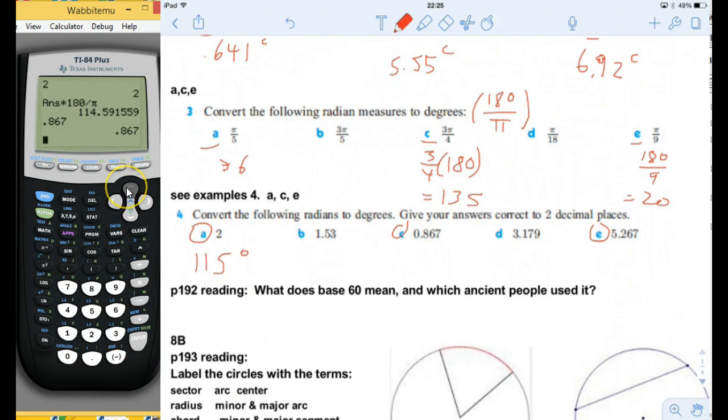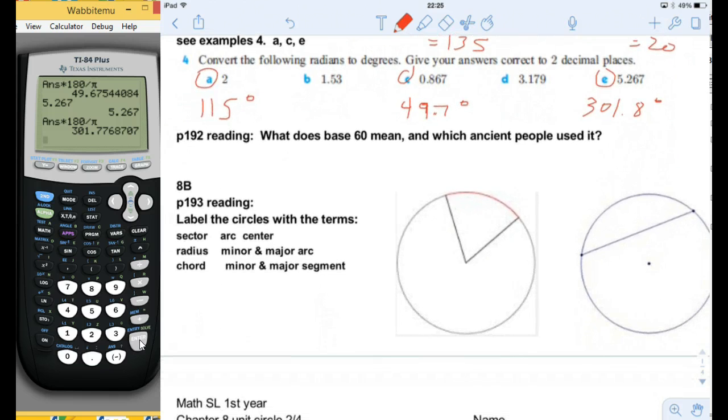Then I'm going to multiply it times 49.7. 5.267. 301.8, for example.